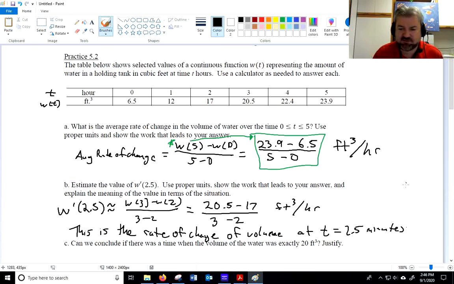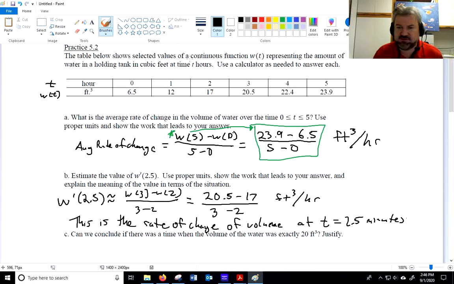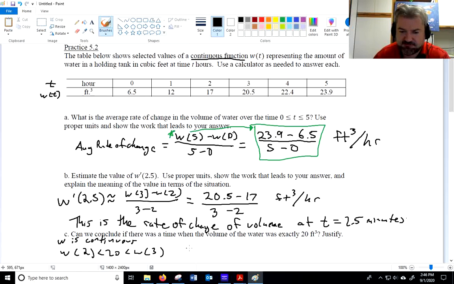Can we conclude if there was a time when the volume of the water was exactly 20 cubic feet? Well, I think we certainly can, in between hour 2 and hour 3. Let's make sure that we set it up properly. It did mention that it's a continuous function right there, so we'll say that W is continuous. We're going to say that W of 2 is less than 20, which is less than W of 3.